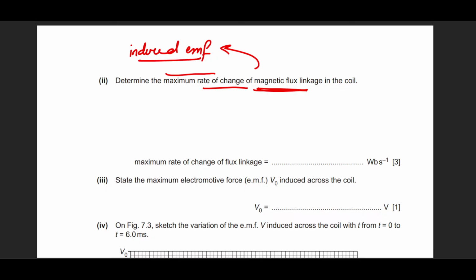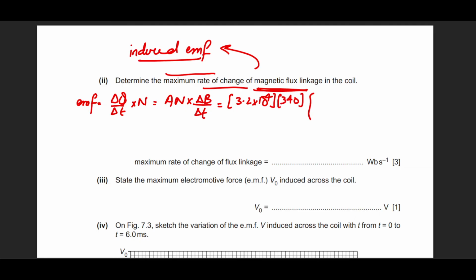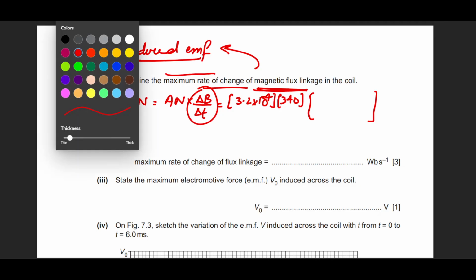So the EMF is equal to the rate of change of flux divided by time multiplied by the number of turns, which will become A N multiplied by change in the magnetic field divided by change in time. So we have the cross-section area as 3.2 times 10 raised to the power minus 4. We have the number of turns as 340, but we need to find out the rate of change of magnetic field as the gradient from the graph.